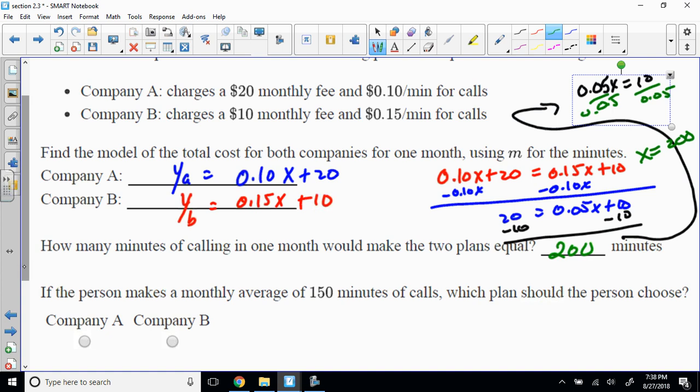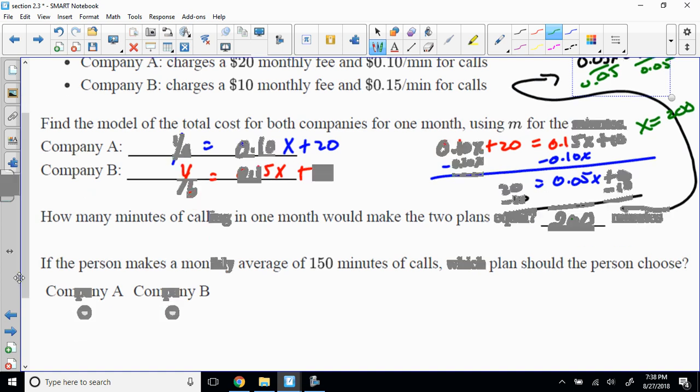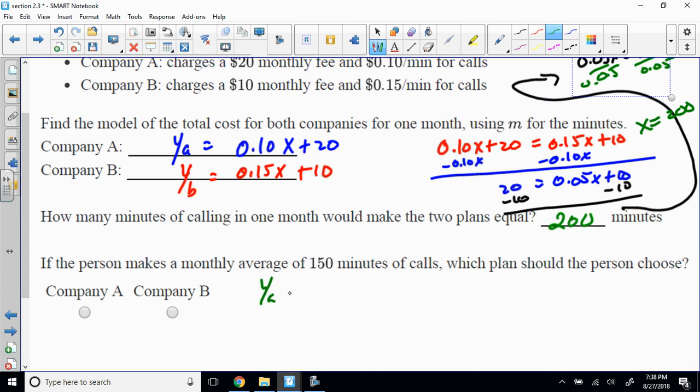And then it says if a person makes a monthly average of 150 minutes of calls, which plan should the person choose? So it's basically Y sub A equals 0.10 times 150 plus 20, and that gives you, what is that? 15 plus 20 is what? $35.